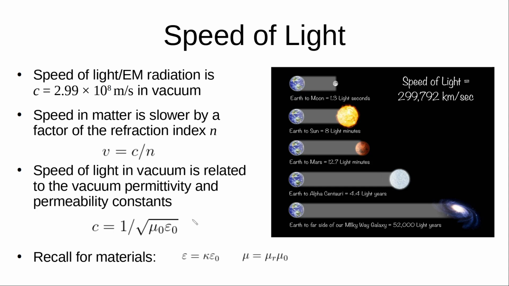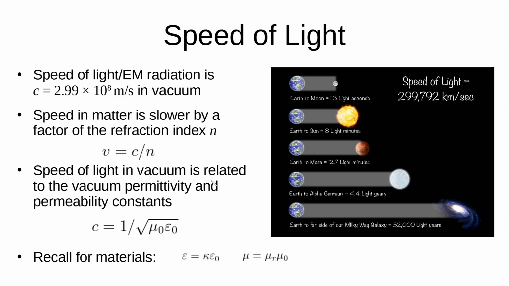So as discussed earlier, electromagnetic waves propagate at the speed of light. This is approximately 300,000 kilometers per second in vacuum. In other materials, things that are not vacuum, the electromagnetic waves can interact with the material and thus get slowed down.